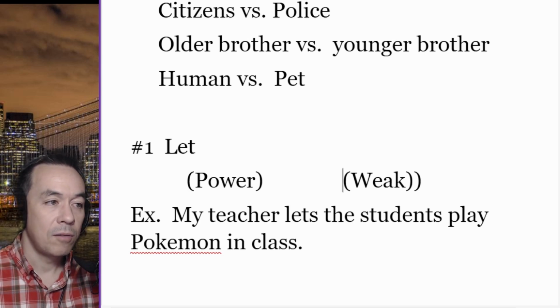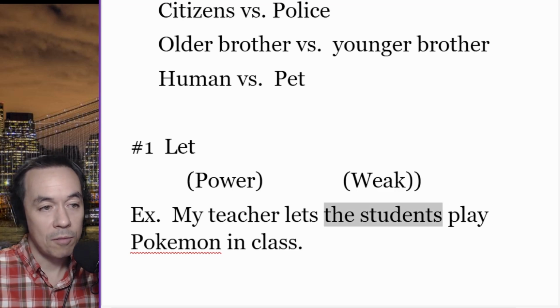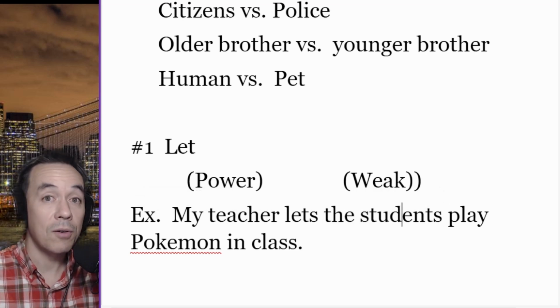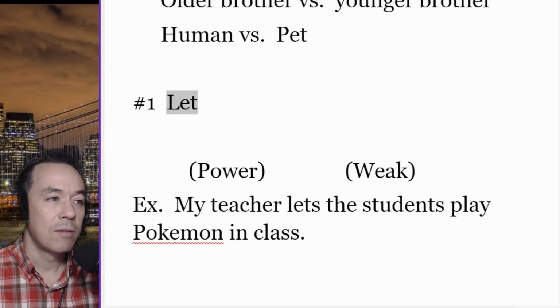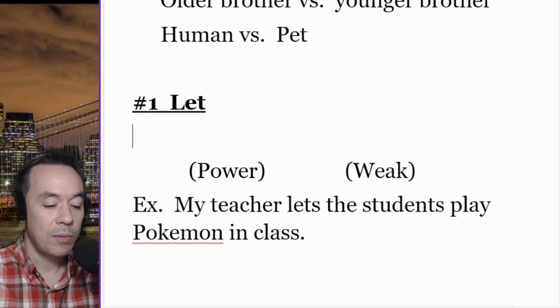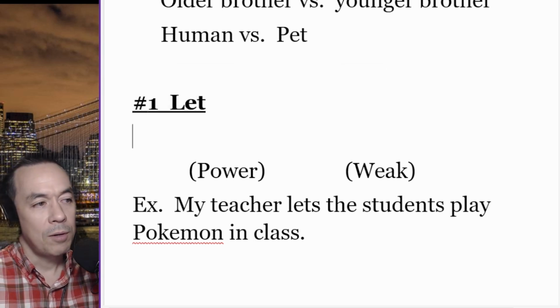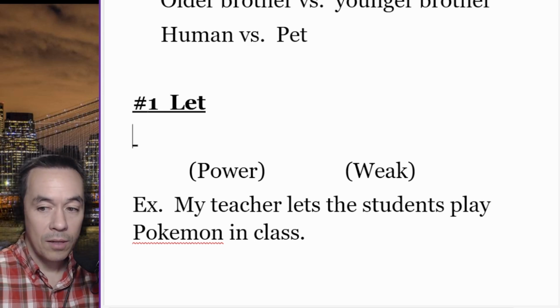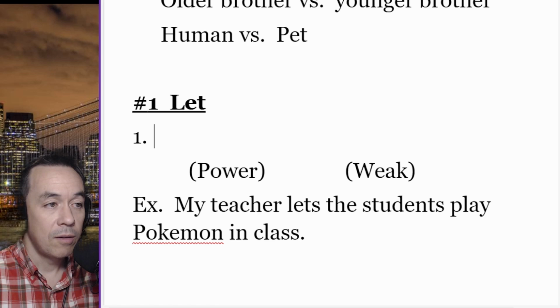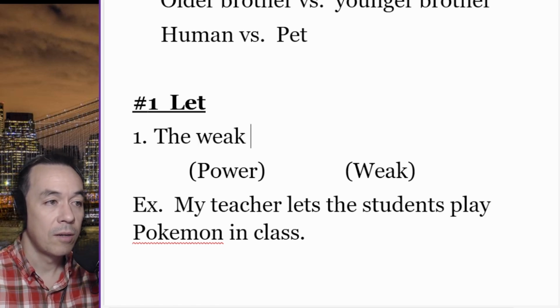The pattern is you've got the strong or powerful character, followed by the people or character with no power, or the weak one, we'll say. Now, why is it let? When I try to explain this, I would say it is something that, number one, the weak want.